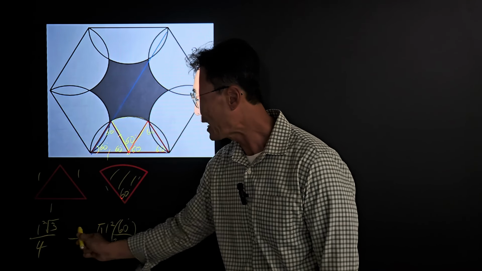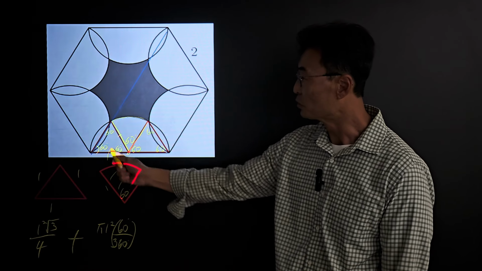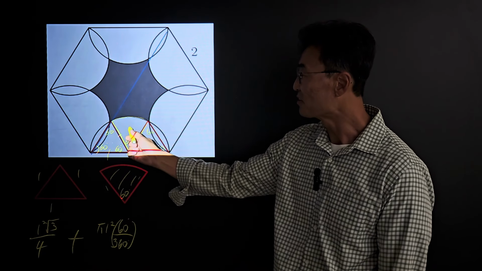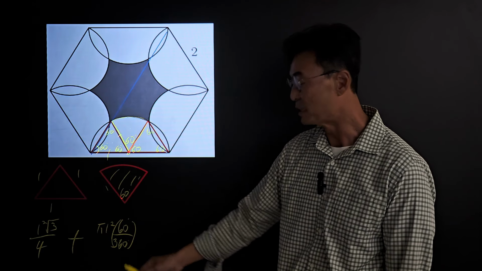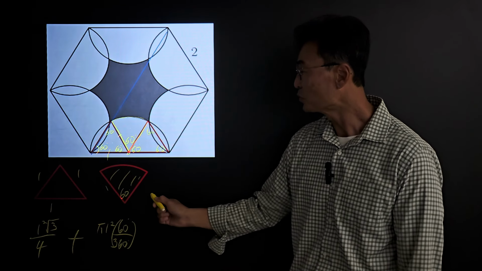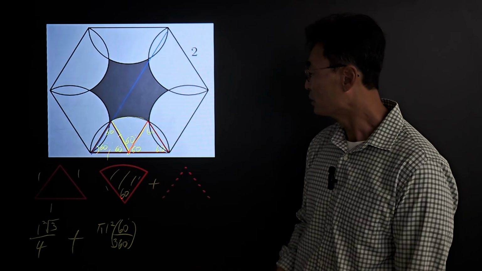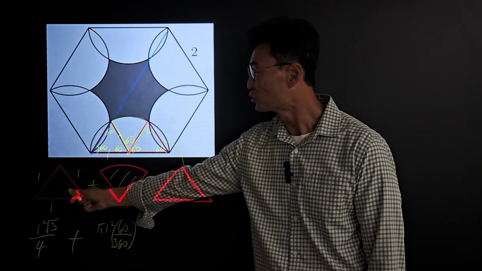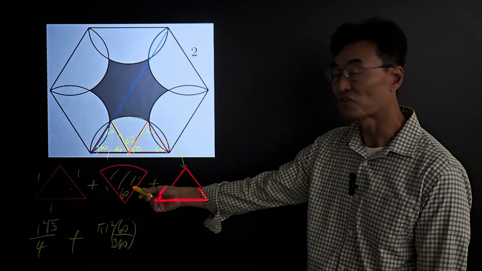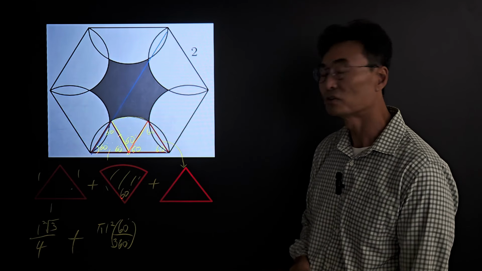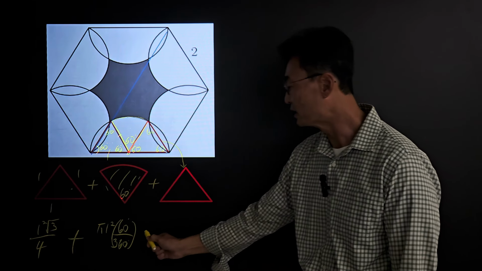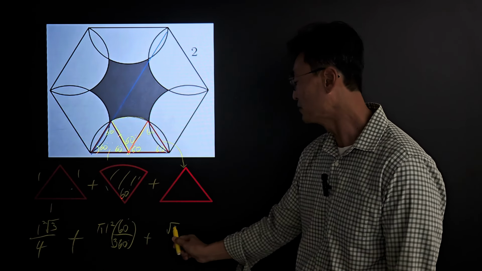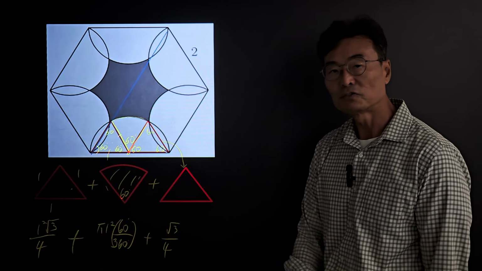Then what we do is we add these two, which will be the triangle on the left, root 3 over 4, plus the sector in the middle, which is this right here. However, we need to go ahead and add one more, the triangle on the right, which has an area the same as the first triangle on the left, which is root 3 over 4.